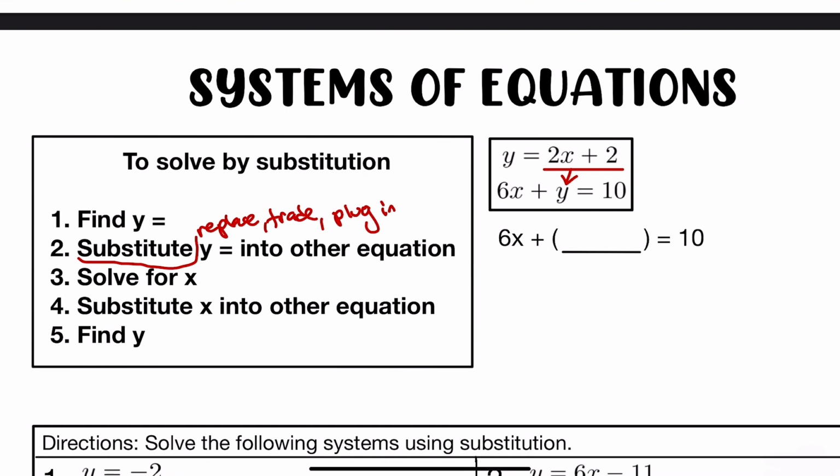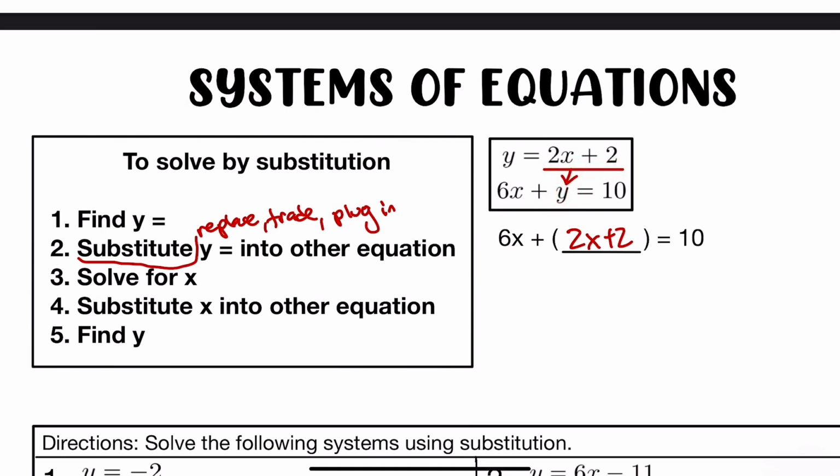So I already have that set up for us here. So we have 6x plus not y. Instead of y, I'm going to put in that 2x plus 2. And then we have our equals 10 over here. So, like I said, this is the exact same thing, only instead of y, I put in this guy.